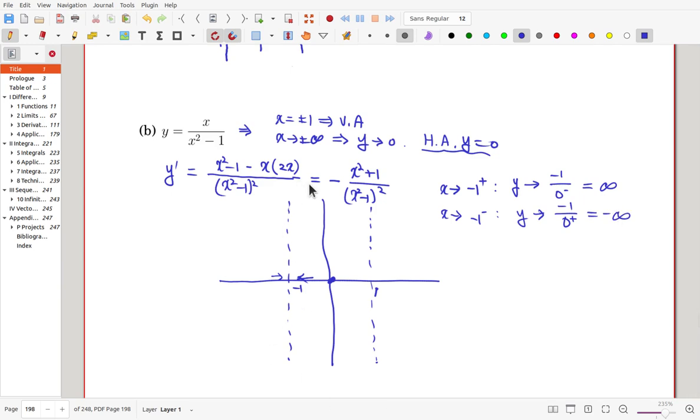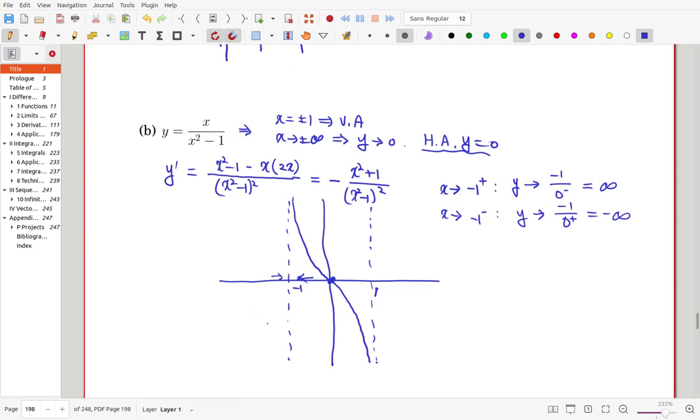So we know that on this side the value is infinity, passing that point, and here it is going down. 0 is the only x-intercept.